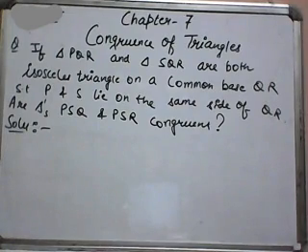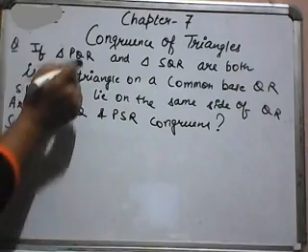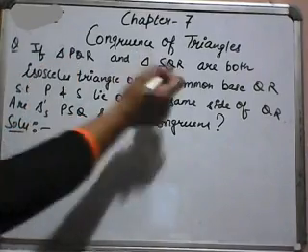Let's do the next question. In this question, triangle PQR and triangle SQR are both isosceles triangles on a common base QR. Isosceles means two sides of the triangle are equal.